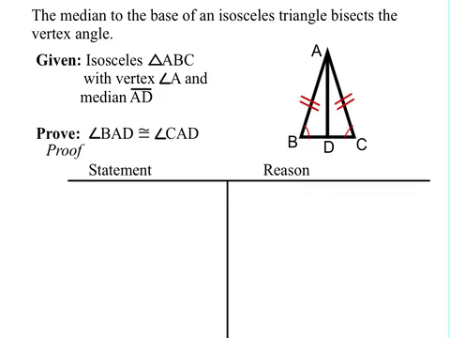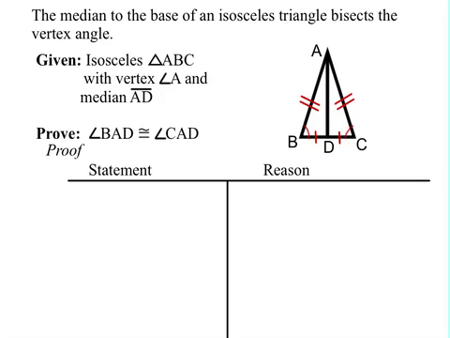We can then mark those two angles, angle B and angle C, congruent because if sides, then angles. And because we know what a median is, D is the midpoint of BC, so BD is congruent to DC. And you can see we now have a side angle side situation in triangle ABD and triangle ACD.